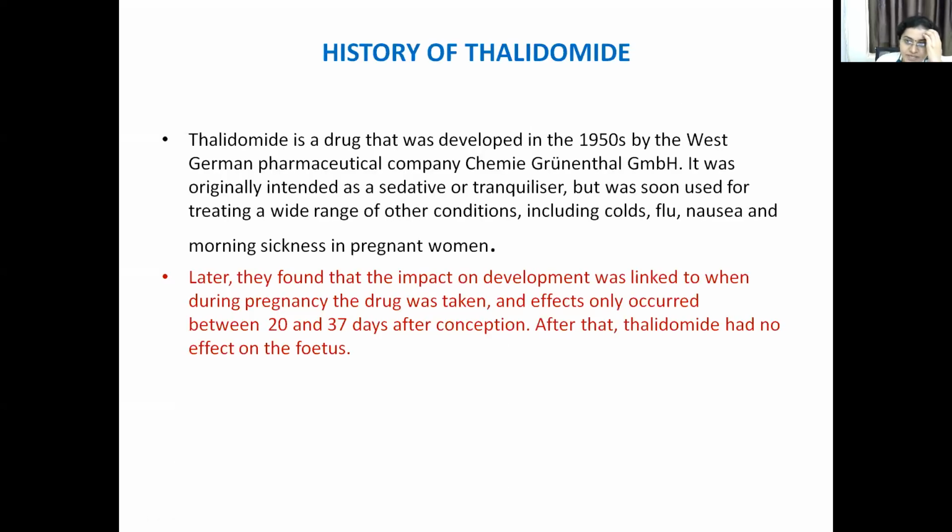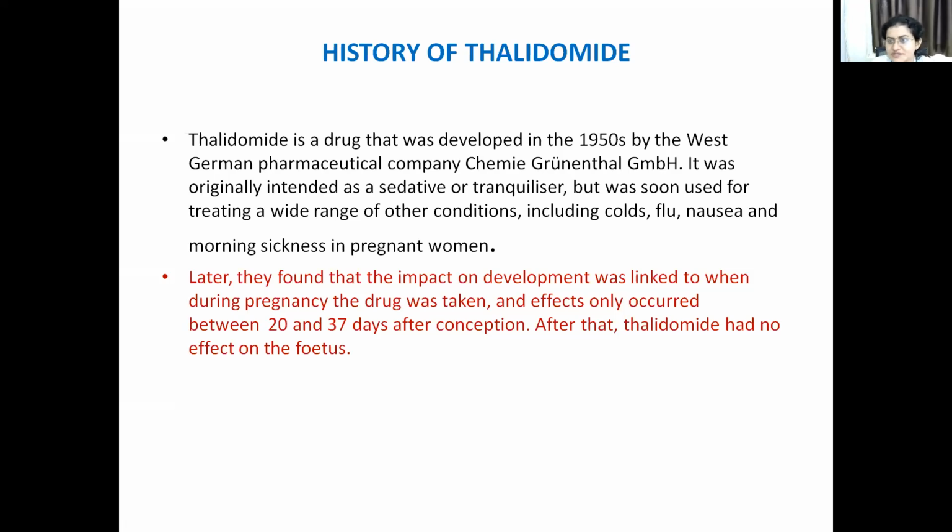Thalidomide is a drug which was developed in the 1950s by a West German pharmaceutical company. First this drug had the property of a tranquilizer and sedative, and other than that it was also found effective in other conditions like cold, flu, nausea, and most commonly this drug was prescribed to treat pregnant ladies who were having morning sickness in the first trimester.